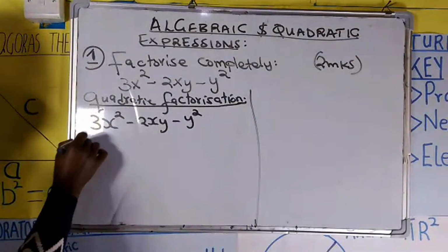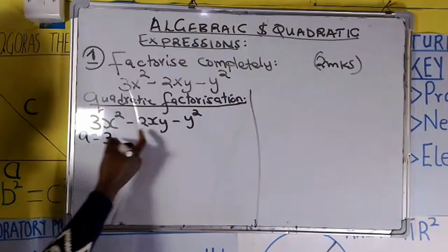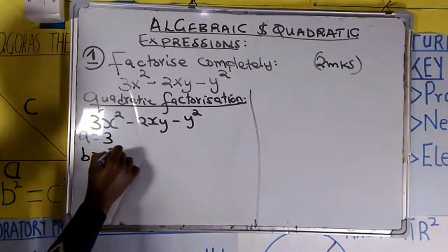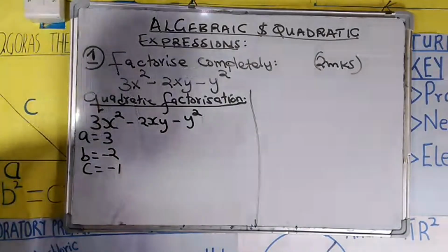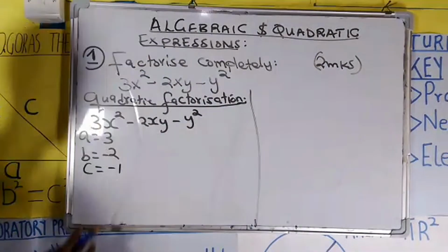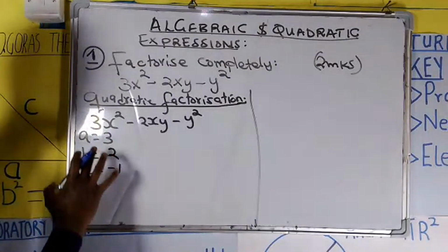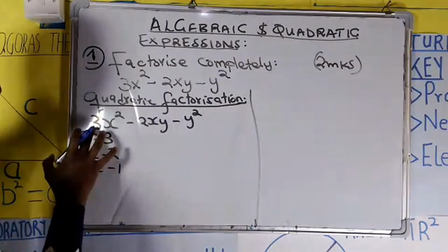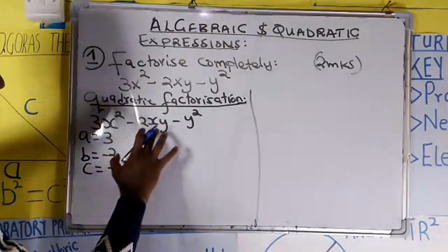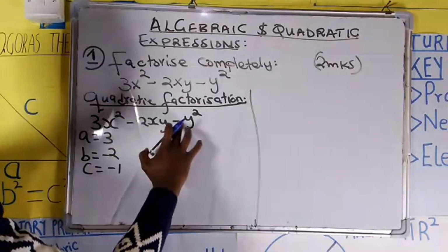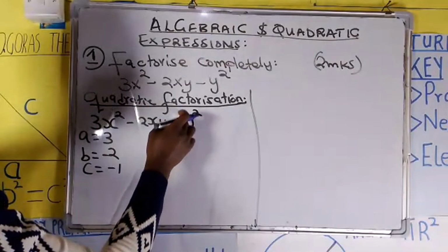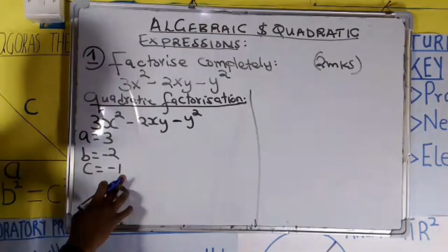So our a in this scenario is 3, our b is -2, and our c is -1. Where did we get those values from? Remember, from quadratic identities, this one is ax squared, so this one is a, bx, -2 is our b, and our c is -1. The negative coefficient, which is 1, so it will be -1.